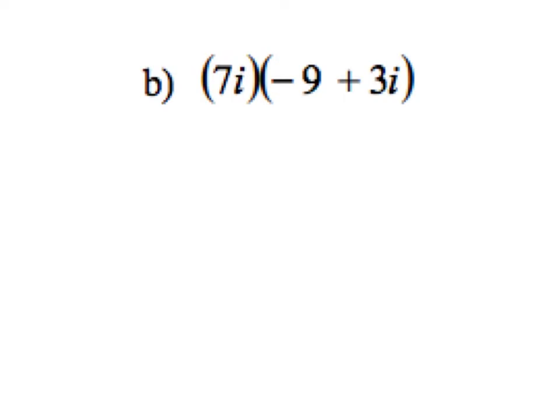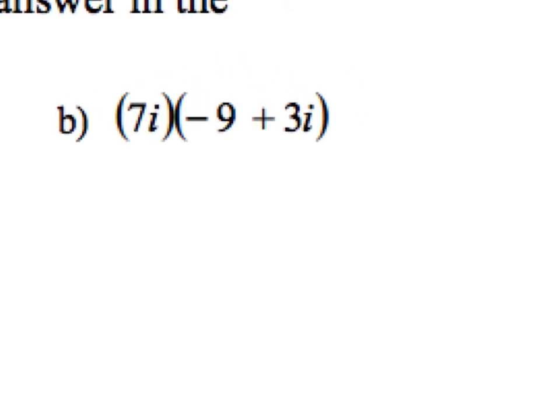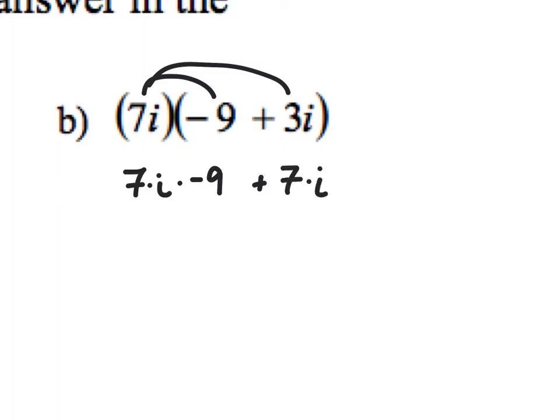In part B, we have 7i times negative 9 plus 3i. I'm going to distribute this into each of those. So here I've got 7 times i times negative 9 plus 7 times i times 3 times i. I'm going to multiply my numbers: 7 times negative 9 gives me negative 63, times i.